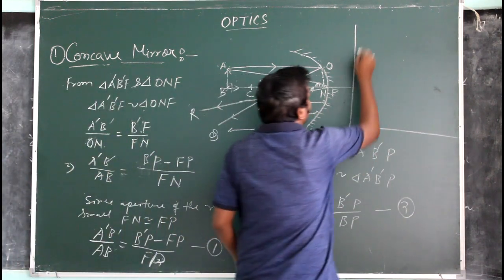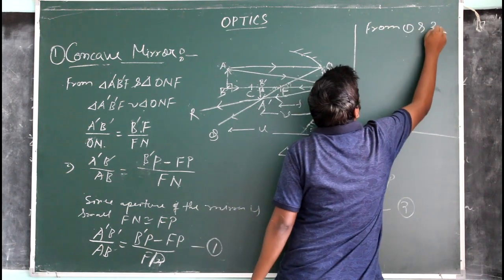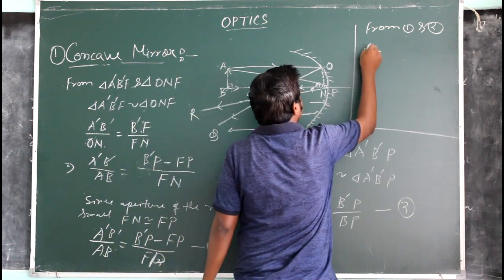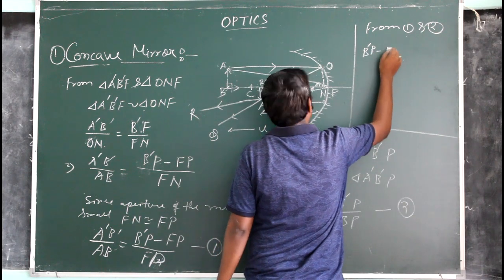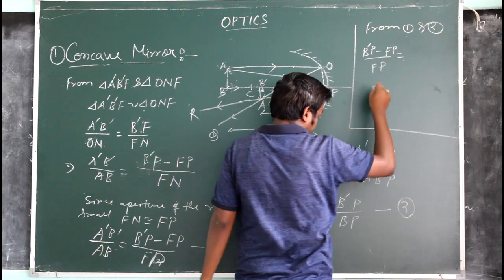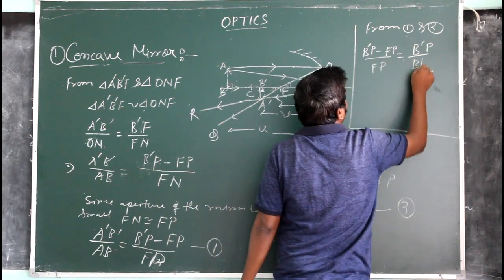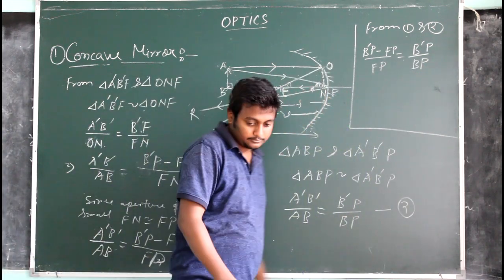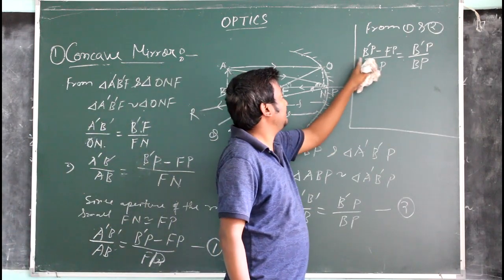So from 1 and 2 we can write (B'P minus FP) divided by FP equals B'P/BP. Understood? So from 1 and 2 we got this, equation 3.